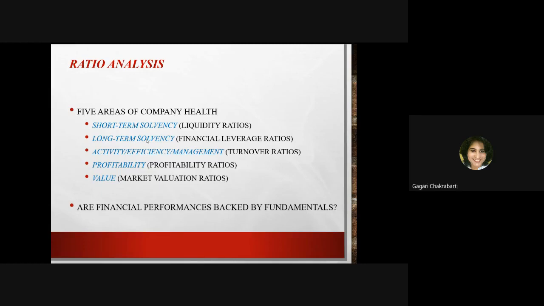Okay. Now the third area, the activity or the efficiency or the management. So this gives some idea about how efficient the firm is in managing its assets.